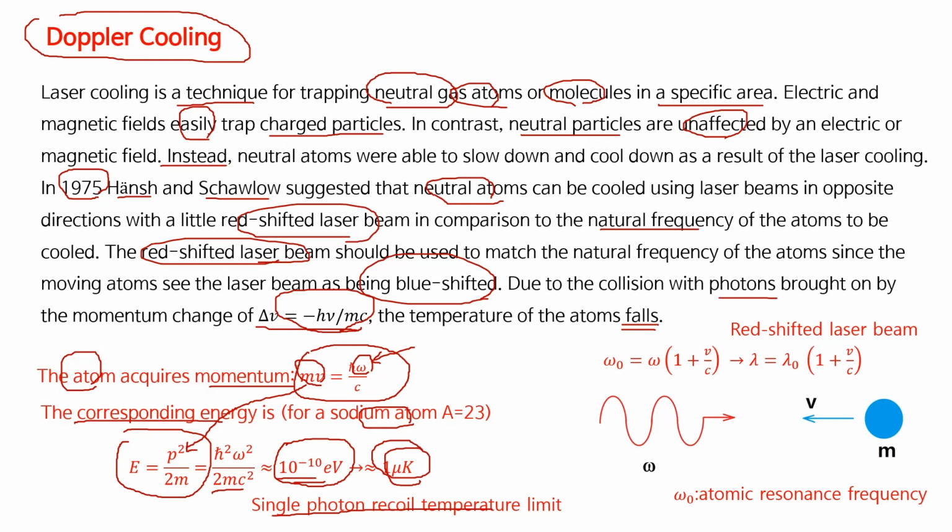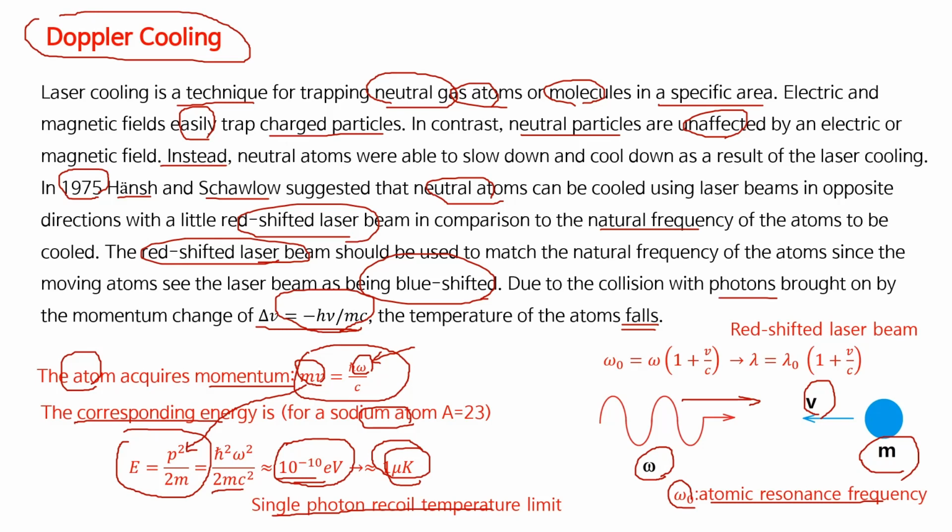Now let's see this figure. The laser beam has frequency omega, the mass of the atom is m, and the atom is moving in the opposite direction of the laser. Omega 0 equals the atomic resonance frequency.